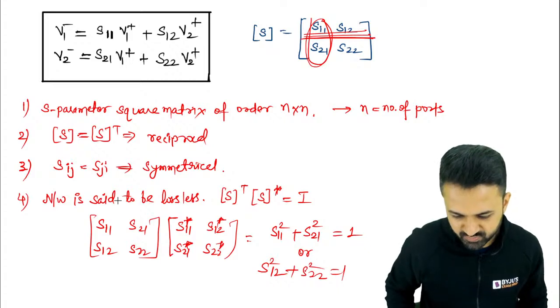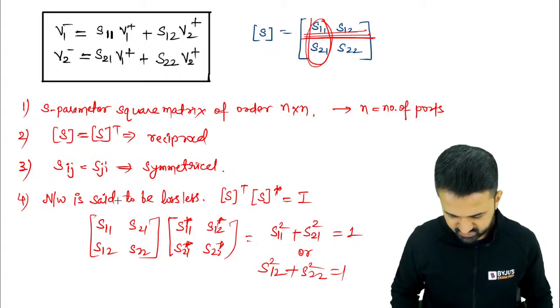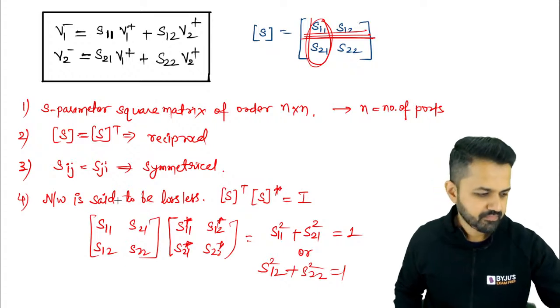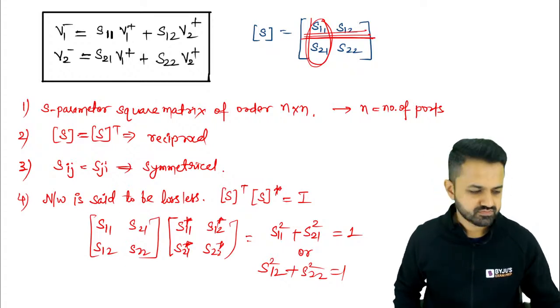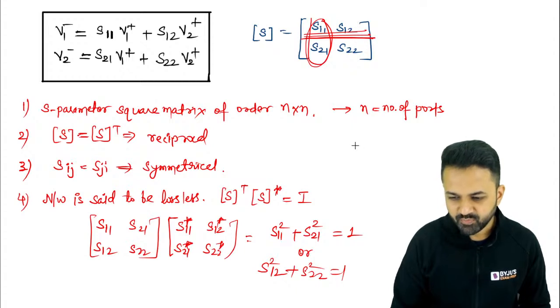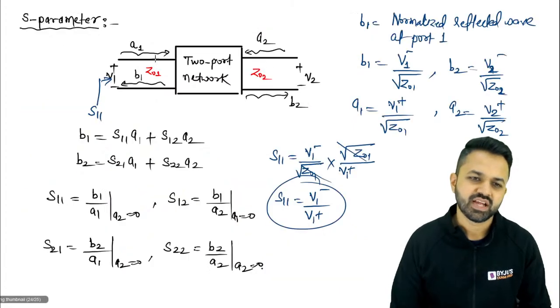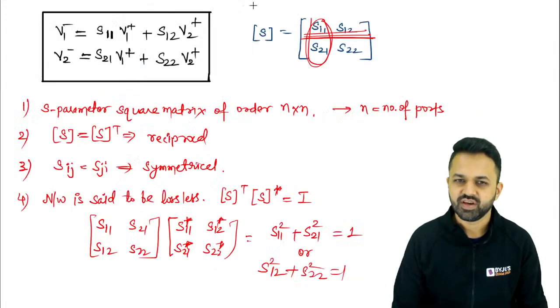That is the fourth point. Okay. So these are the four important properties related to your S matrix. In the S parameter, that is the thing that you should be aware of.